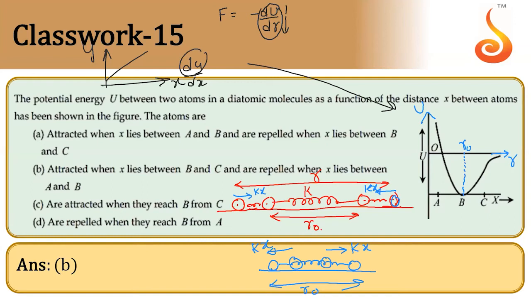In place of dx, what do we have here? r. So dU by dr signifies what? Slope only, right? Understood, all of you? Okay. Now, see children.